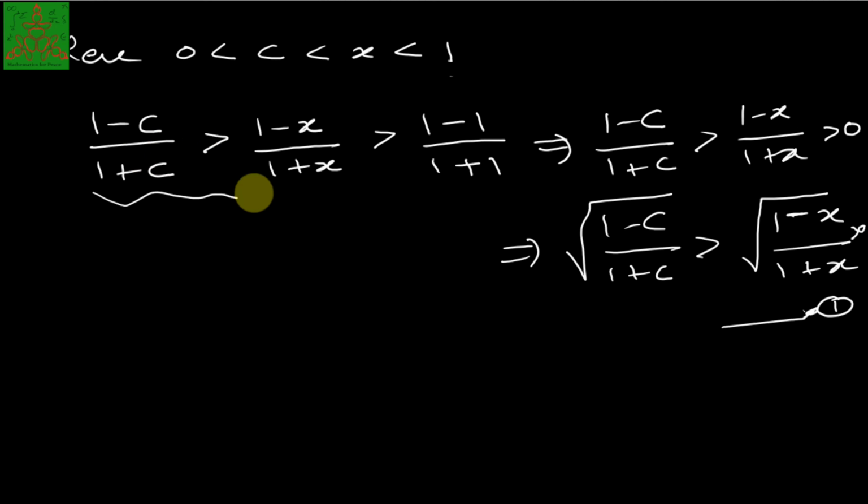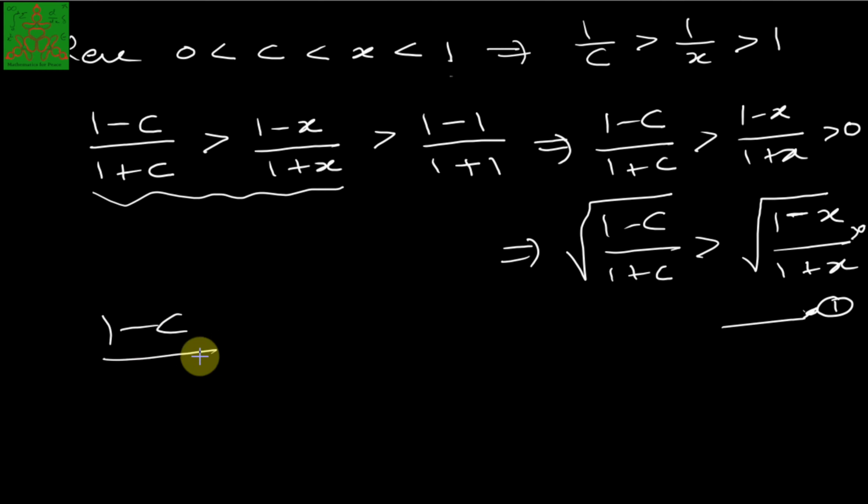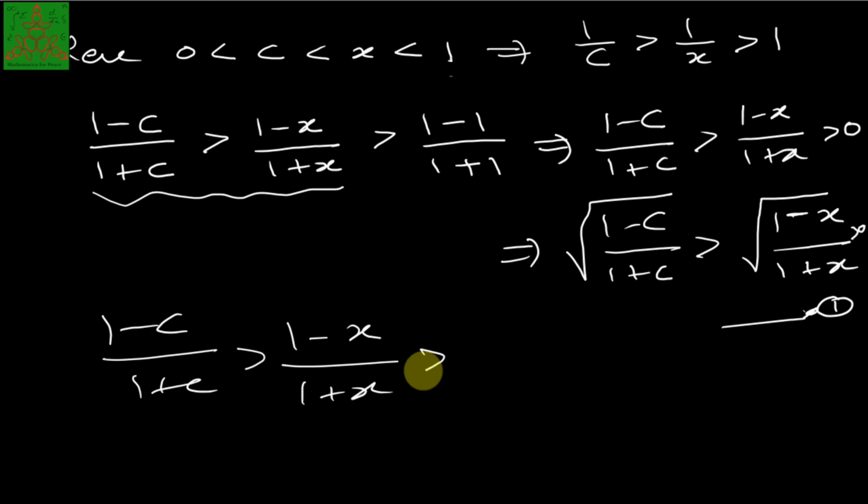See, here we have 1 upon c is greater than 1 upon x, which is greater than 1, because if I take the reciprocal, the inequality is reversed. Then you apply the componendo and dividendo rule, which gives 1 minus c upon 1 plus c is greater than 1 minus x upon 1 plus x, which is greater than 1 minus 1 upon 1 plus 1.